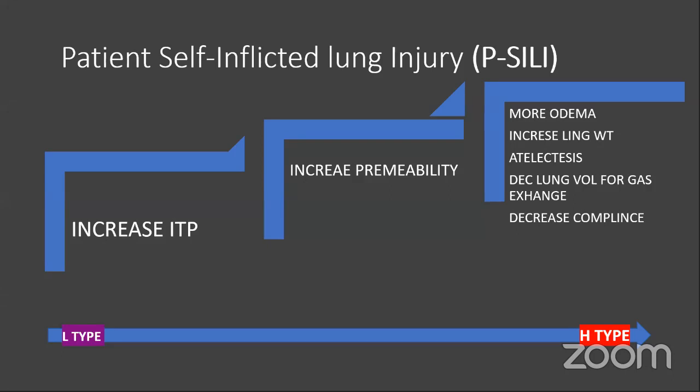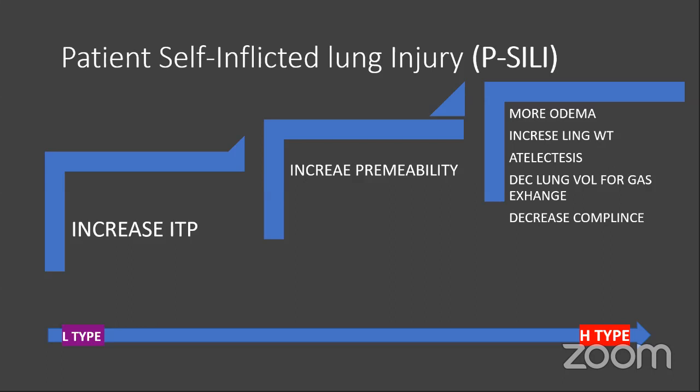All of us are aware of the term ventilator-induced lung injury, which means the ventilator may induce atelectrauma, volutrauma, biotrauma, and oxygen toxicity, and patients may develop worsening of ARDS because of ventilatory parameters. But this patient usually starts with spontaneous breathing, especially with L type, with good compliance and less respiratory symptoms. Because their work of breathing is high, they have increased negative intrathoracic pressure.